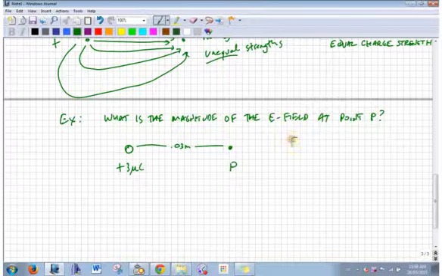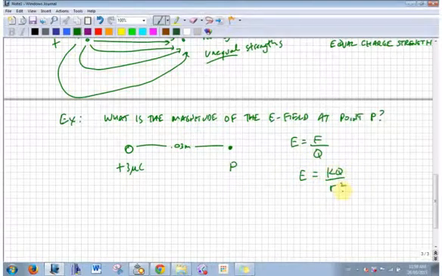So E field, E is F over Q, or E is K Q over R squared. Which one do I want to use? Do I have the force here? It doesn't say, it doesn't give it, and I've got a distance.